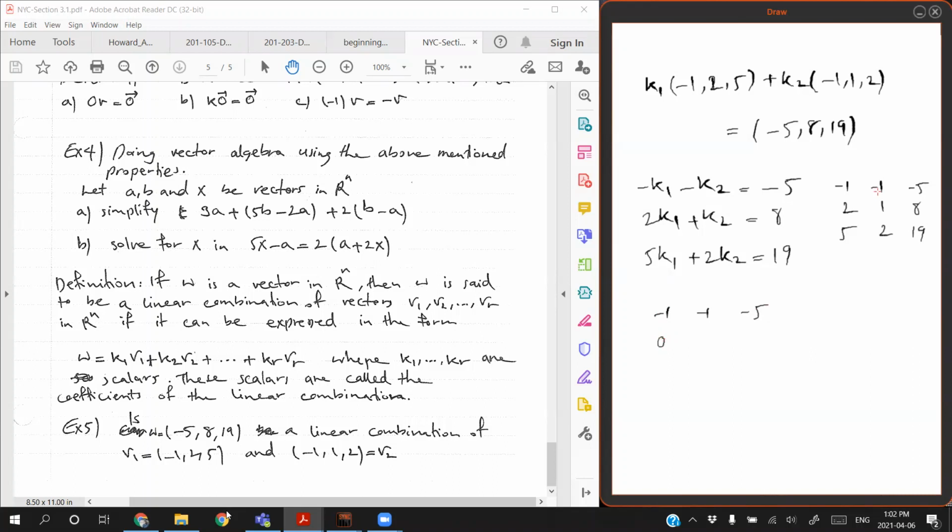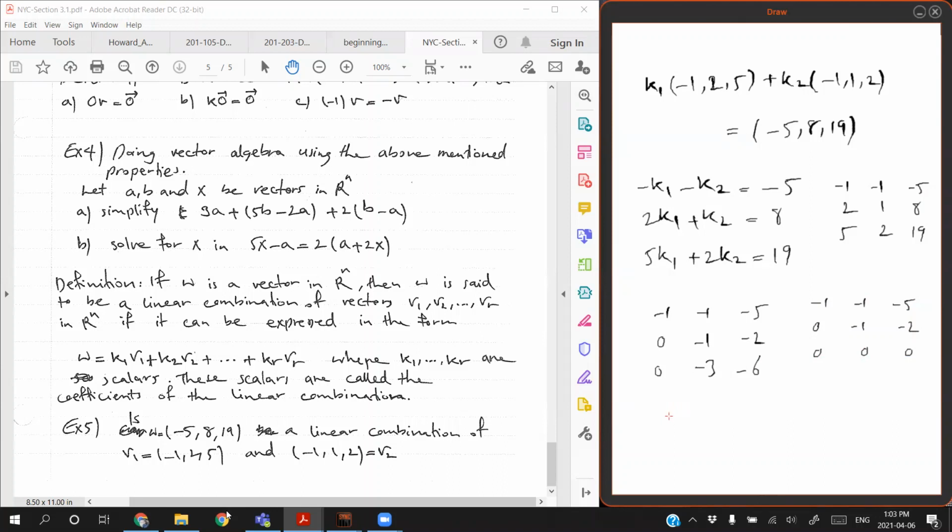We get 0. 2 times this is minus 2 added to this 1 gives minus 1. 2 times this is minus 10 added to this 8 gives minus 2. 5 times this added to this: 0. 5 times this is minus 5 added to this 2 gives minus 3. 5 times this is minus 25 added to this 19 gives negative 6. And then I can do negative 3 times this added to this, which gives me 0, 0, 0, right?